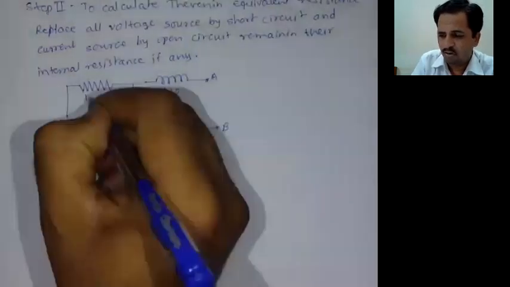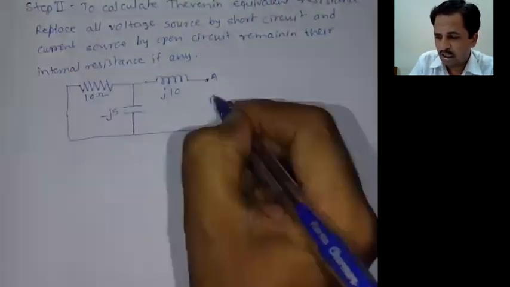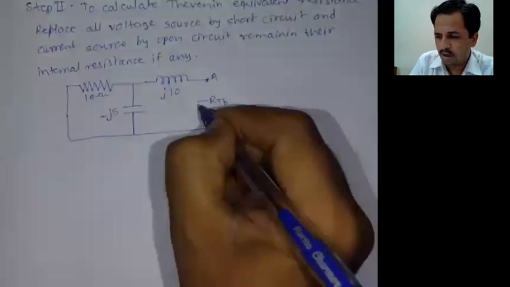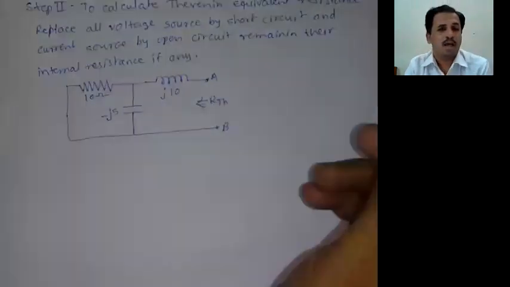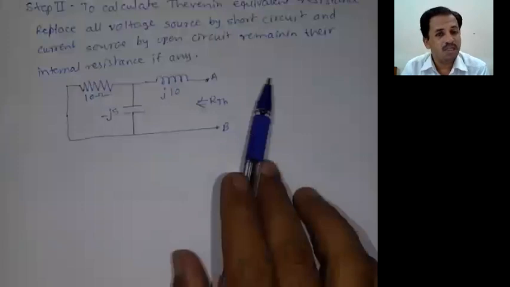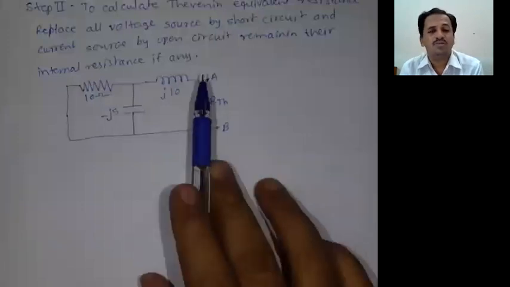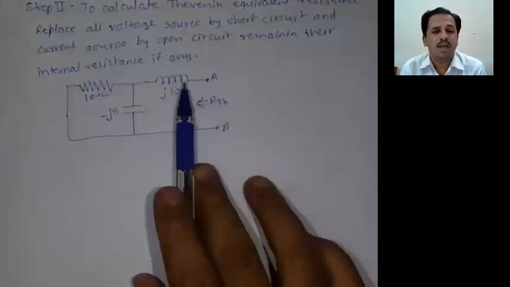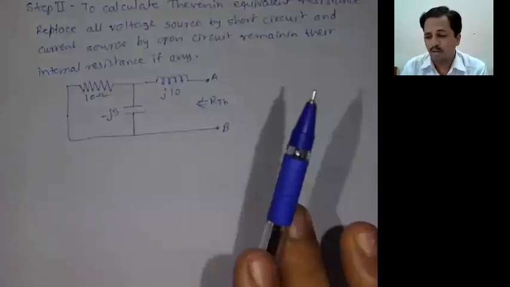Now we have to find the resistance value, that is RTH, which must be obtained from this side, means we have to calculate from the A terminal and end at the B terminal.